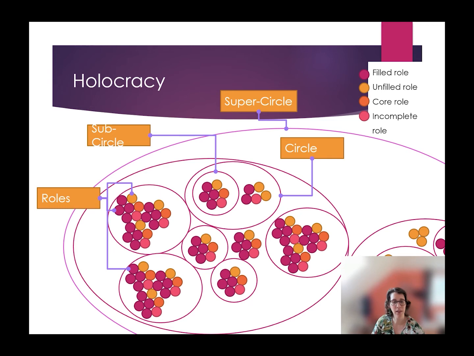And I feel that with holacracy, you have a much more flexible system on your side, because you can really define, similar to zero-based budgeting, what is the purpose of each subcircle? Why exactly do you need this? Do you still need this subcircle, or do you maybe need to remove it? Do you maybe need to change it?